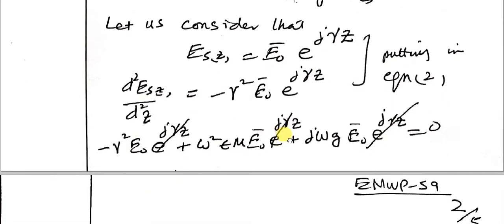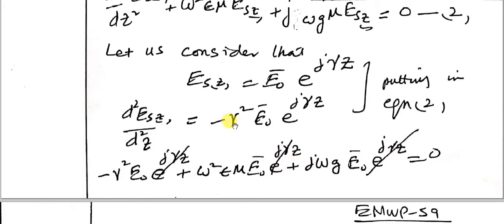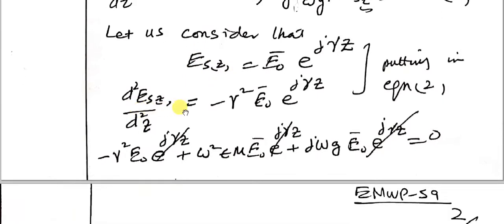So now taking the differential of this function, that is E of s z, if we take the twice differential, we get minus gamma square E naught e raised to the power minus j gamma z.